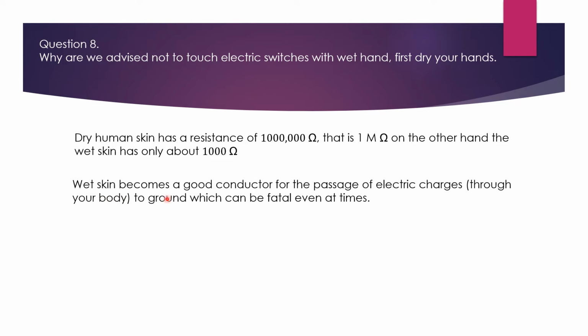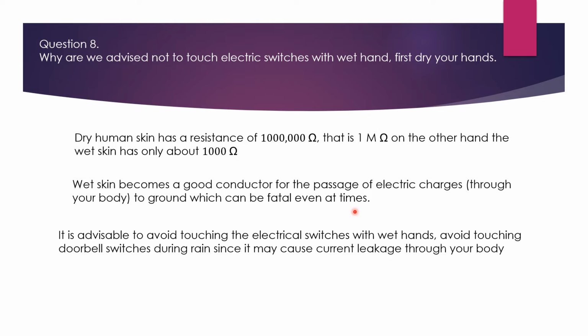Wet skin becomes a very good conductor for the passage of electric charges through your body to the ground, which can be fatal at times. So it is advisable to avoid touching electrical switches with wet hands, and to avoid touching doorbell switches during rain, since it may cause current leakage through your body.